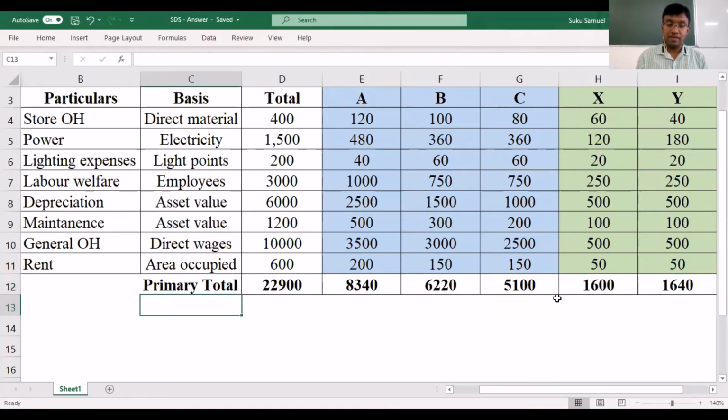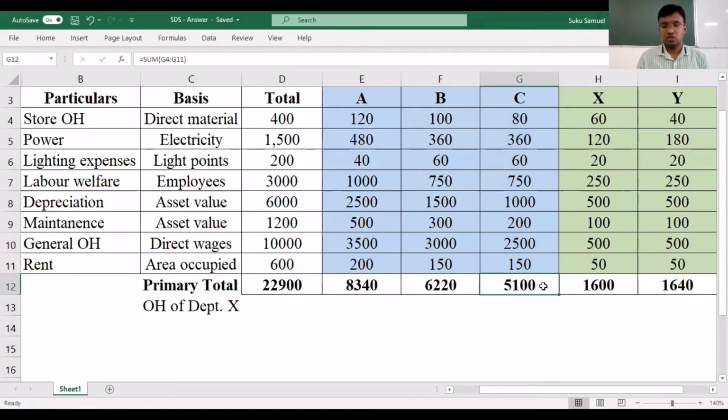We will have to prepare the secondary distribution summary. At first, let us distribute the overhead of department X. Department X's overhead, 1,600, has to be redistributed between A, B, and C.